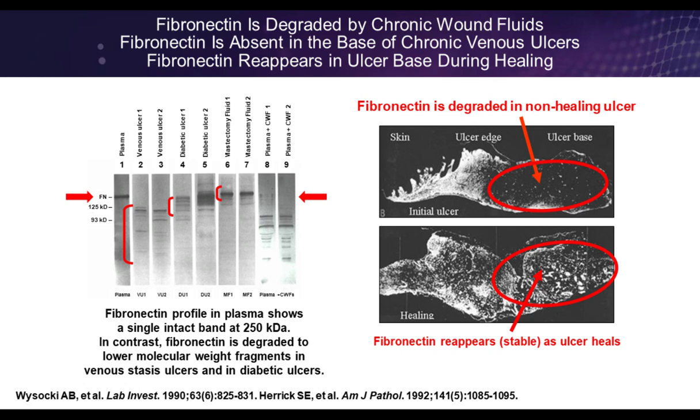And we can visualize this, for example, in a biopsy, a cross-sectional biopsy of a chronic venous leg ulcer. And so in the top panel, you can see when we use an antibody that immunostains only intact fibronectin, there's fibronectin in the adjacent skin and at the ulcer edge, but there's no intact fibronectin staining in the ulcer bed.